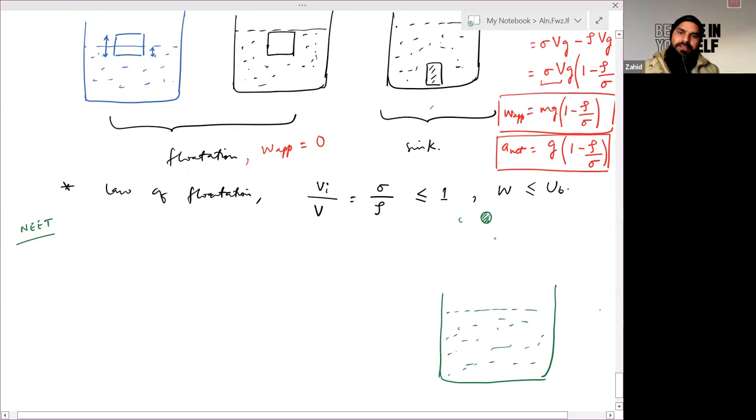Let the density of this particular object be sigma and the density of this particular medium be rho, in which sigma is less than rho. The height of this object is h. So you'll be asked to find the maximum depth it may sink.